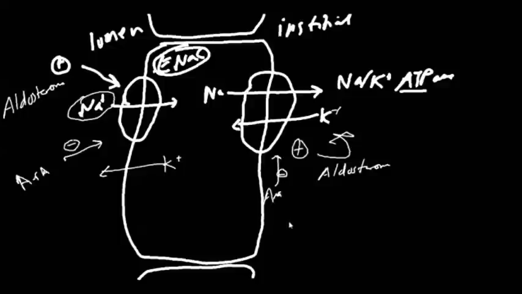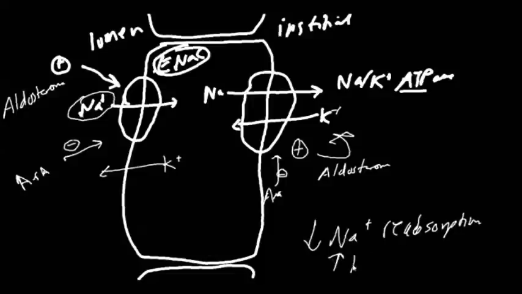The aldosterone receptor antagonists, the spironolactones, are going to be potassium sparing. So we're going to decrease sodium reabsorption, and we're going to increase potassium retention. Okay, so we're going to lose sodium, we're going to keep potassium.